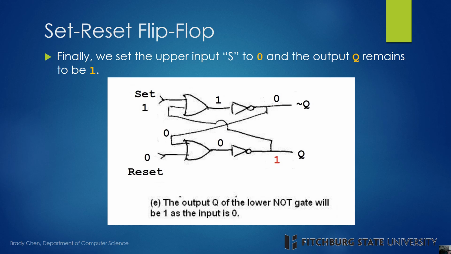So we need to set the upper input S back to 0. This will switch the flip-flop into the storage mode. That means the value 1 will be stabilized. So it's going to stay as a 1.